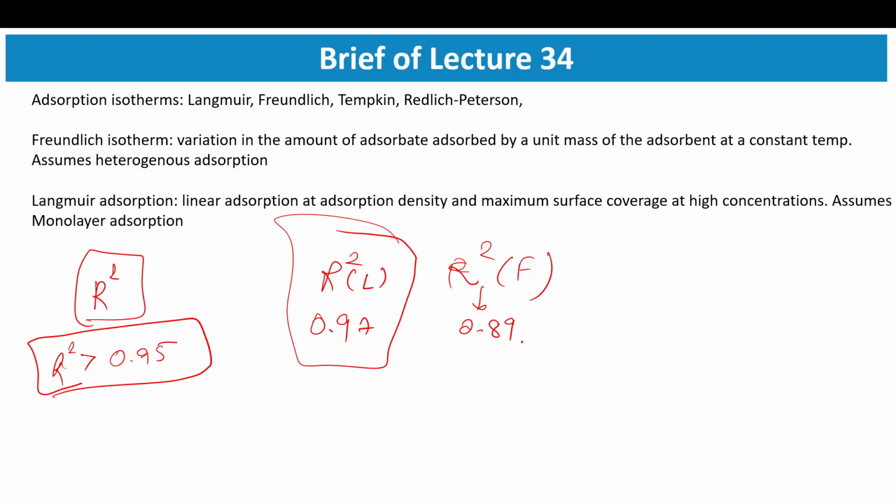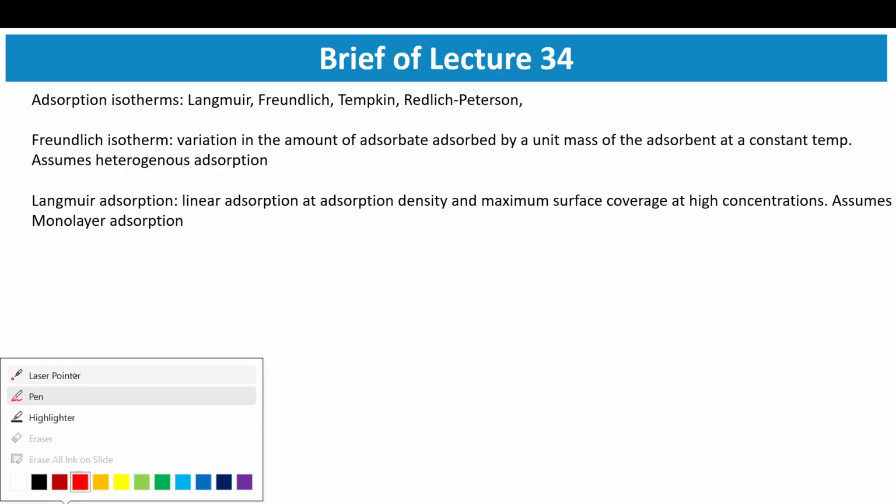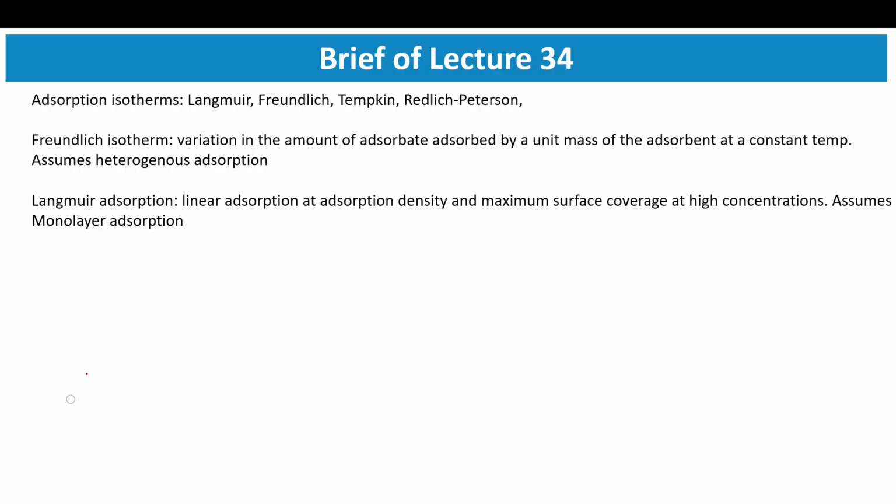Now, if we talk about the isotherms, there are various assumptions made, and you can go deeper into it. The Freundlich model assumes that adsorption is heterogeneous and multilayer adsorption takes place, and that not all the active sites are uniform.